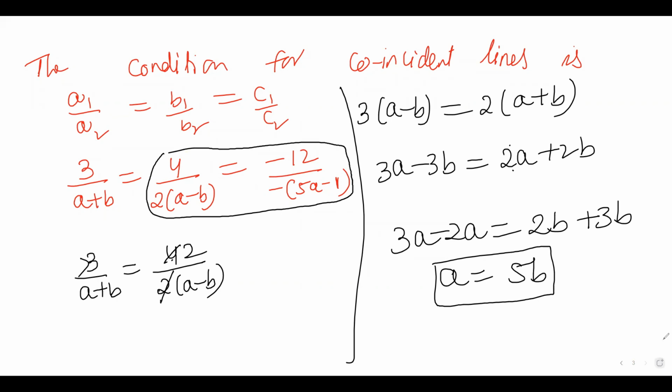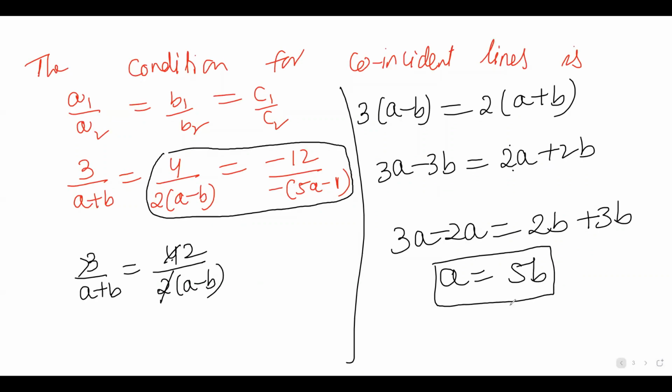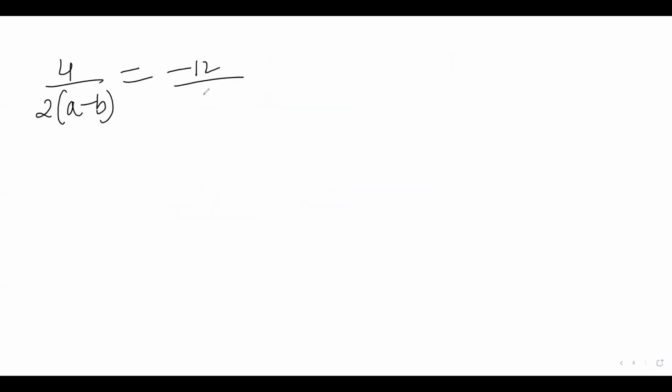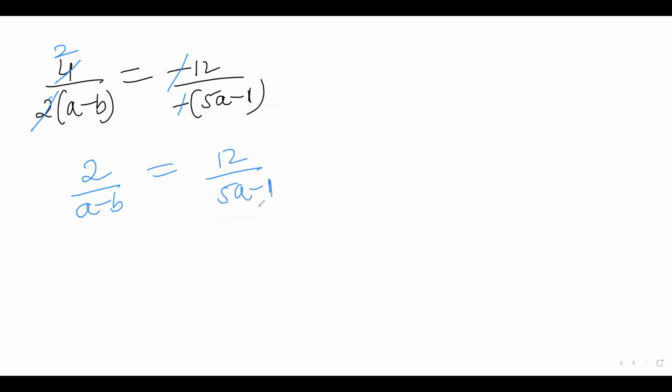I will be writing these terms on the next page. 4 by 2 into a minus b is equal to minus 12 by minus 5a minus 1. 2 will cancel 4 two times. Minus and minus both will cancel. 2 by a minus b will remain. 12 by 5a minus 1 will remain. Just do cross multiplication.